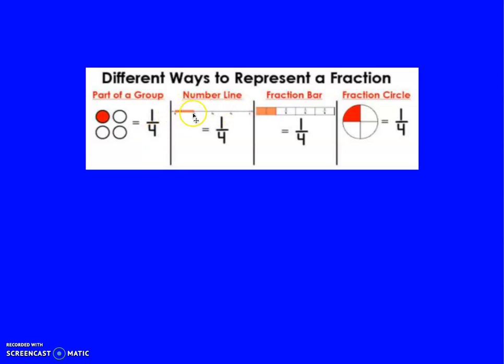This number line has 4 equal parts and one of them is shaded in. A fraction bar, this as well has 4 equal parts and the first part, the quarter, is shaded in. Or a fraction circle. We'll be coming across these later on, but here you can see 4 different parts in the circle and one of them is shaded to give us 1/4.